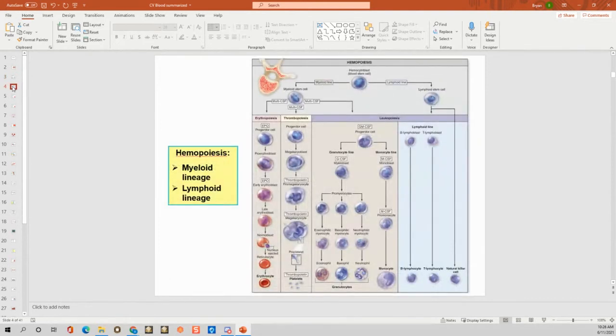Next, all of these formed elements, these blood cells, so to speak, they go through homeostasis, which means that if the body needs more of a particular type of blood cell, it will make it.